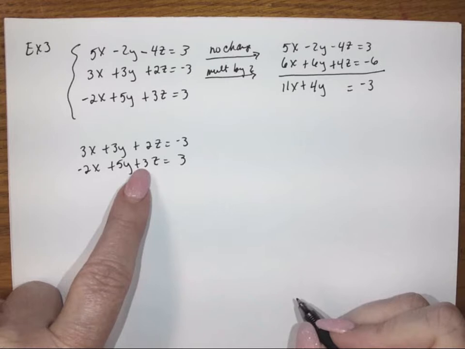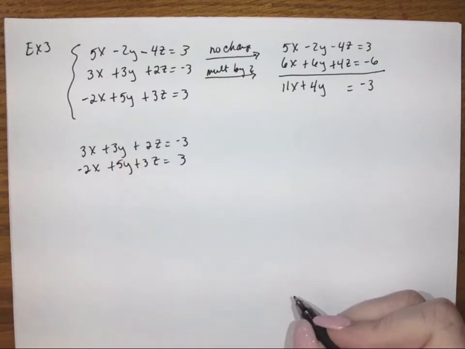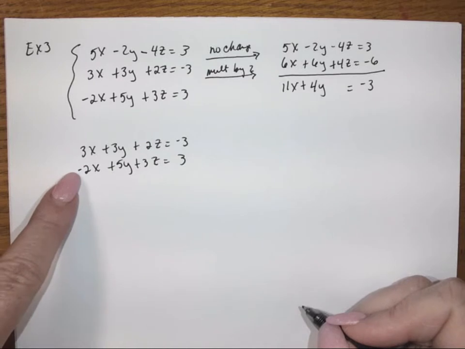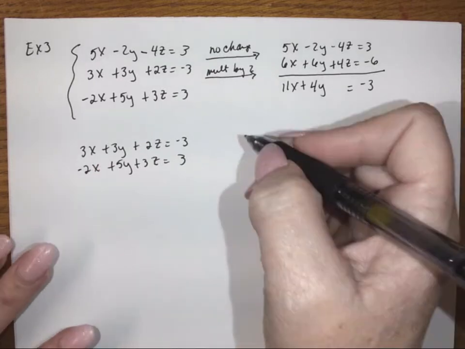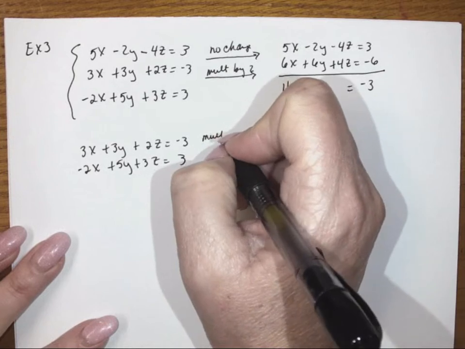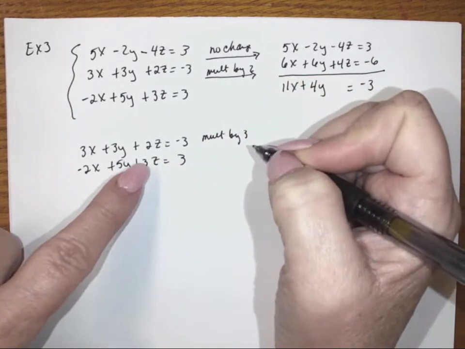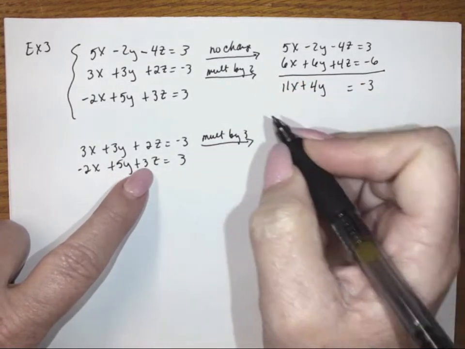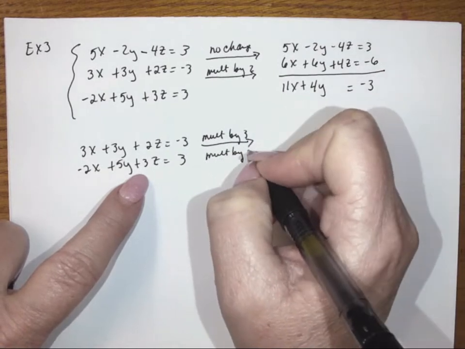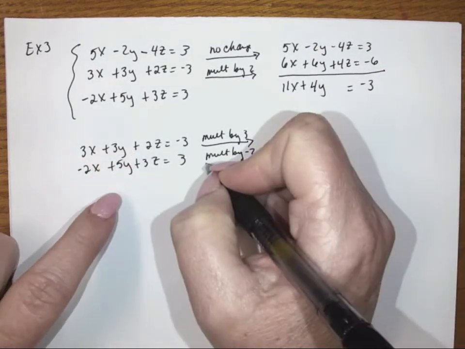This one will have to be multiplied by 2, that one has to be 3. So I'm going to do the negative on the bottom because that'll make that one positive. So this one here, the top one, I will multiply by positive 3. And then this one I will multiply by negative 2.